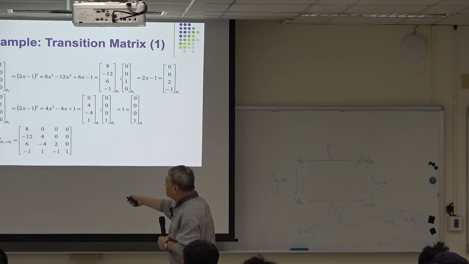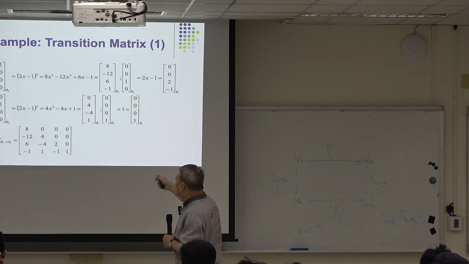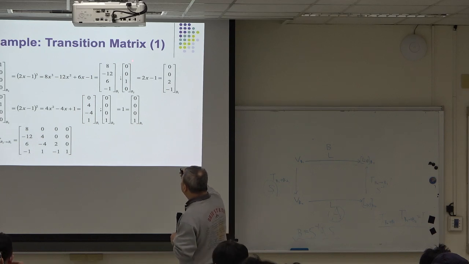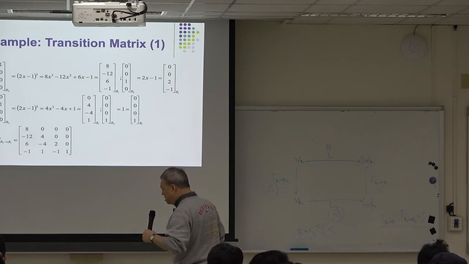The second vector of the second base is 2x minus 1 squared. If you use the first base, it's going to be 0, 4, minus 4, 1. And the third one is 2x minus 1, so 0, 0, 2, negative 1. And then the last one is basically just the same vector.